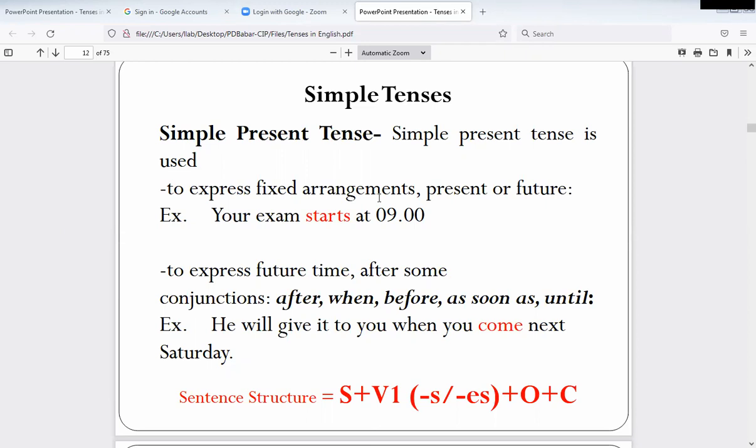He will give it to you when you come next Saturday. In this example, they have used the simple future tense before the simple present tense. So the simple present tense is used after some conjunctions, or after some future time.